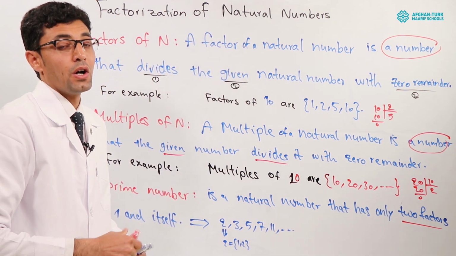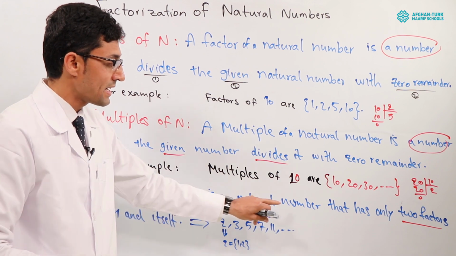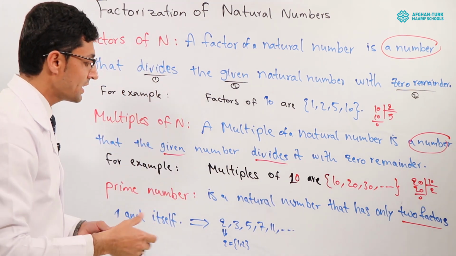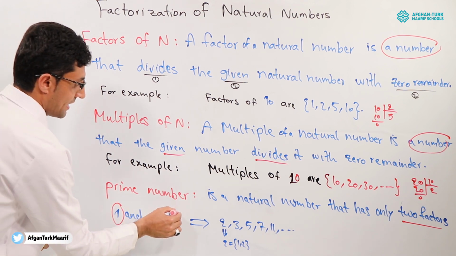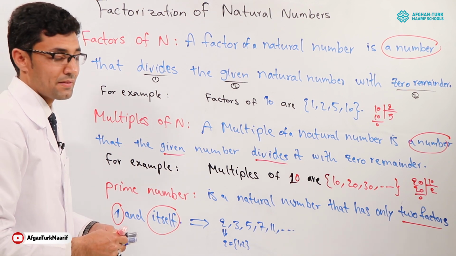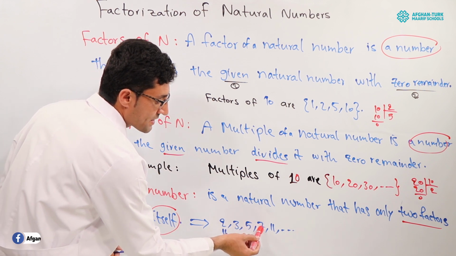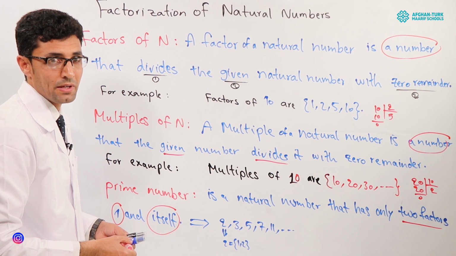Repeat after me: only 2 factors. What are they? 1 and itself. 2, 3, 5, 7, 11, 17 and others are prime numbers.